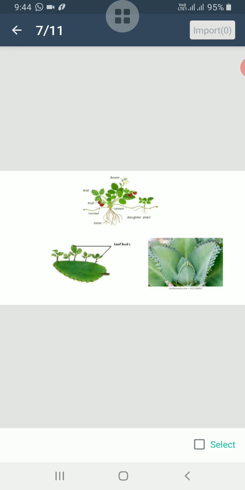In some plants, such as strawberry and grasses, the main plant develops side shoots which have buds and that grow into new plants. New plants are also obtained from the leaves, roots, and shoots of some plants.